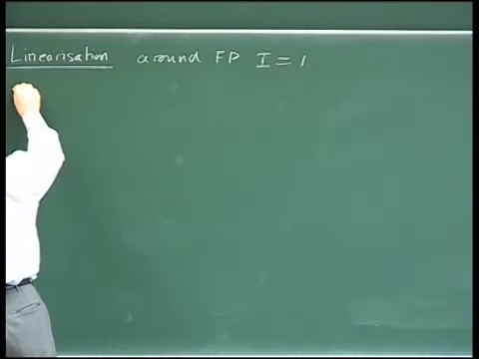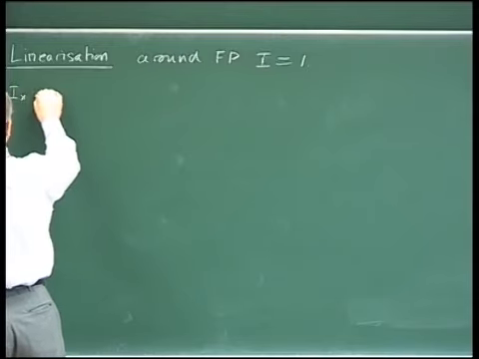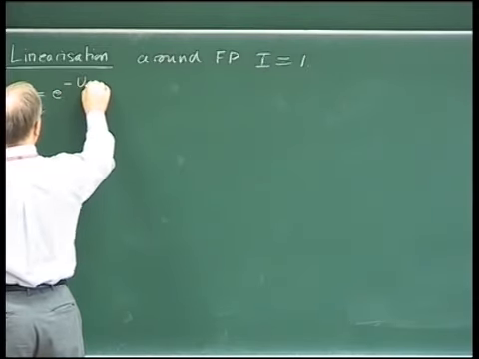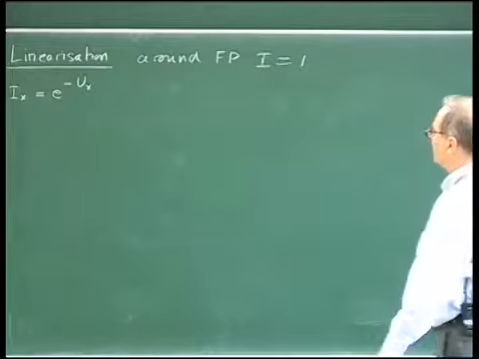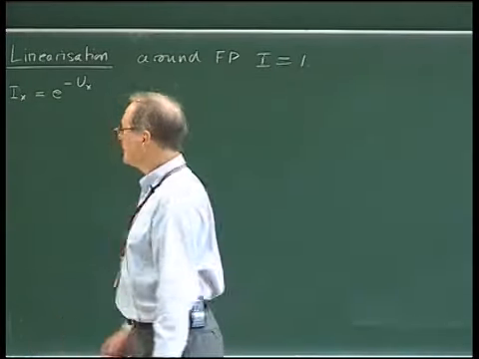So to do this, I'm going to write I sub x is equal to e to the minus u sub x. I'll write it as the exponential or something, which doesn't look like much of a linearization, but never mind.